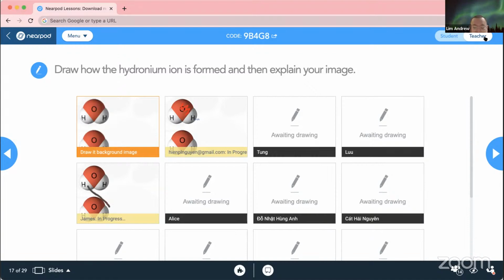All right, this can be applied to any water. As long as you give a drop of acid in the water, hydronium will be formed. So I give you 9 minutes.